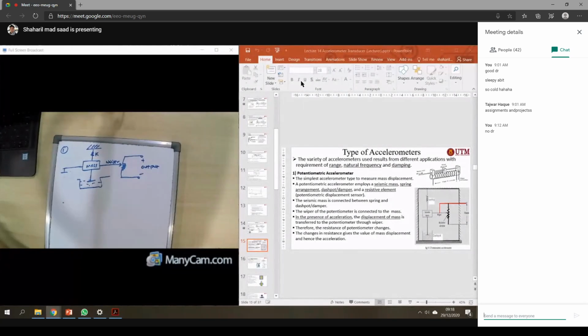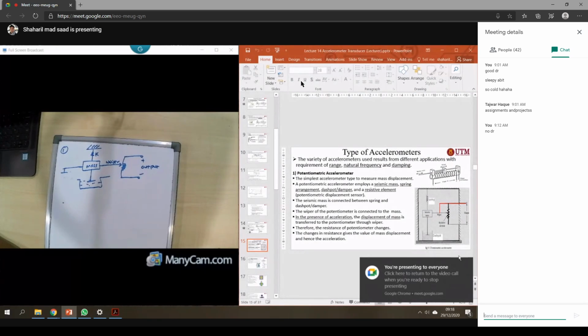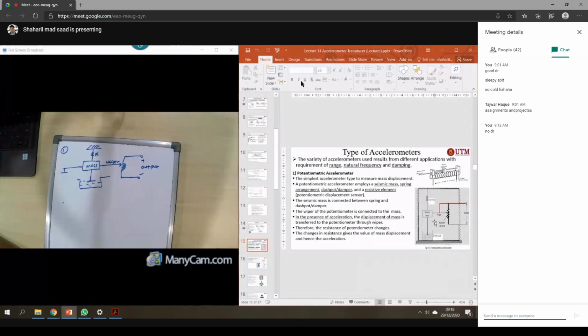But in the exam, you need to be able to explain. So this is the explanation. The seismic mass is connected between the spring and the dashpot, or we call it the damper. And then the wiper of the potentiometer is connected to the mass. In the presence of acceleration, the displacement of the mass is transferred to the potentiometer through the wiper.